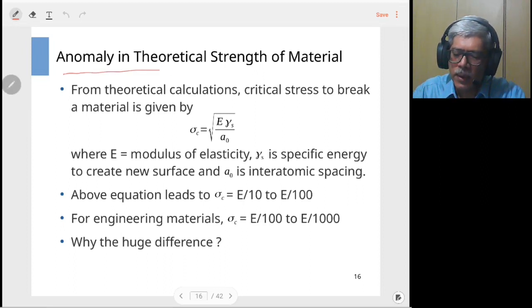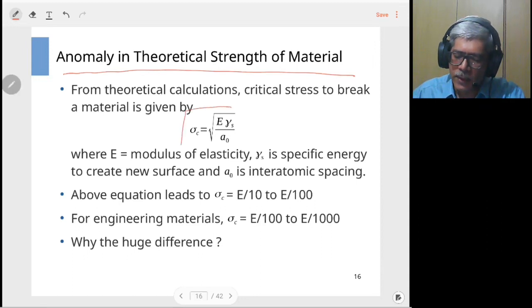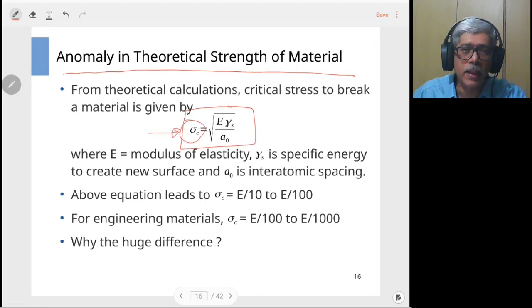One aspect he was looking into was an anomaly known at that time between the theoretical, physics based strength of the material and the actual strength of the material. Based on the physics, the ultimate tensile strength of the material, the stress at which the material should break, can be given in terms of the modulus of elasticity of the material, the specific energy to create a new surface, which can be fundamentally obtained, and a0, which is the interatomic spacing.